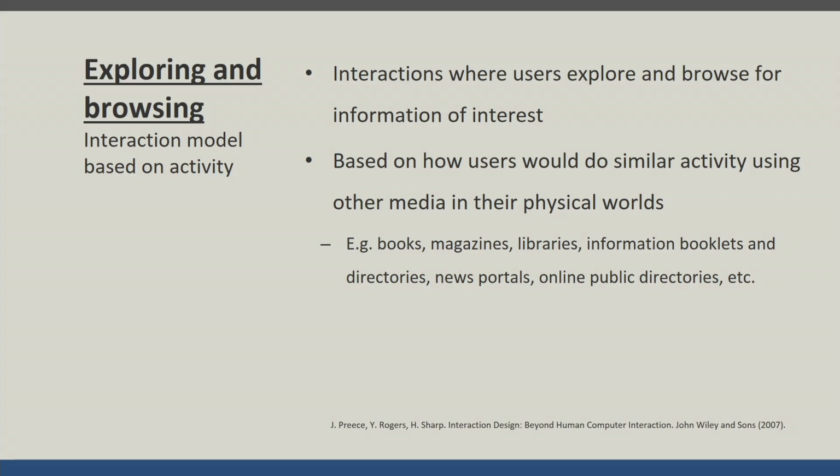If you are looking for books, magazines, libraries, information booklets, directories, news portals, online public directories, job directories, a lot of these, the basic activities that you are performing as a user are browsing and exploring information of interest. So based on how users would do similar activity using other media in their physical world.